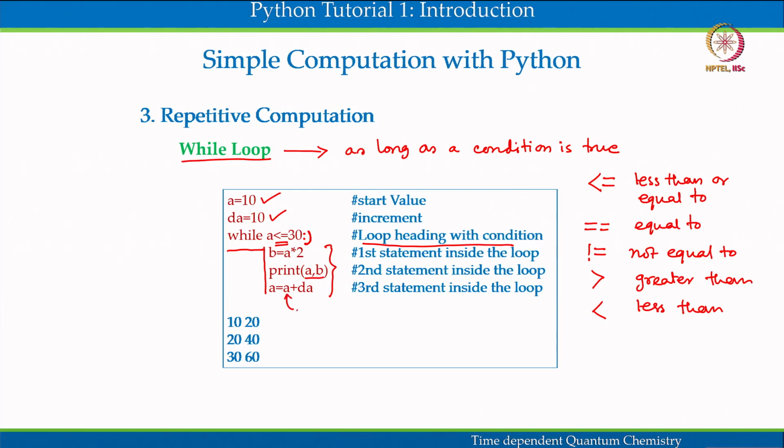So, this is the earlier value, and now this is the updated value, and this updated value will be rechecked to see whether the condition is fulfilled or not. If the condition is true, then it is going to rerun the loop, and if the condition is false, then it will stop running it. So, let us look at it in the laptop.